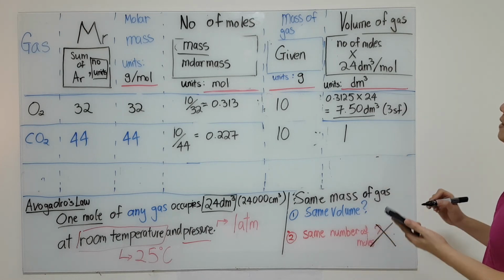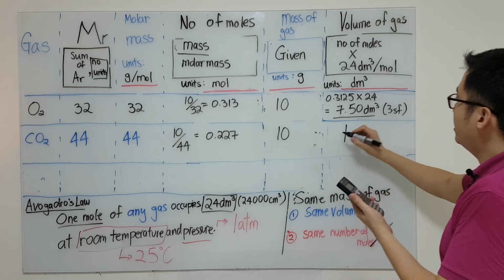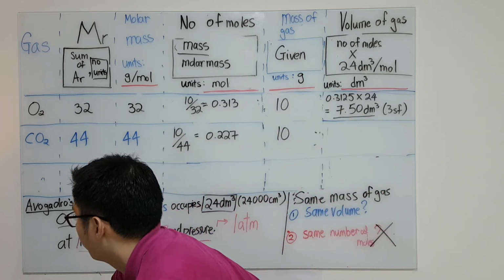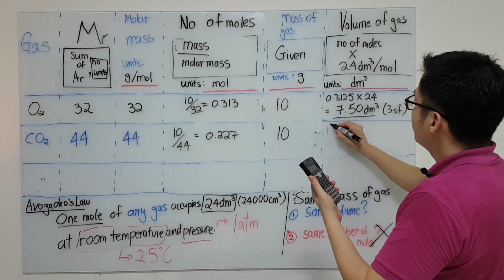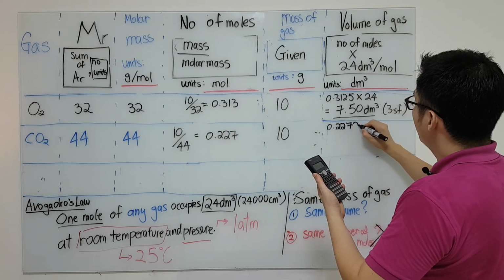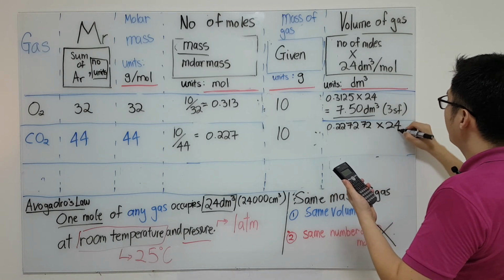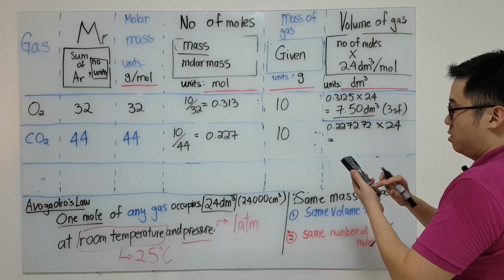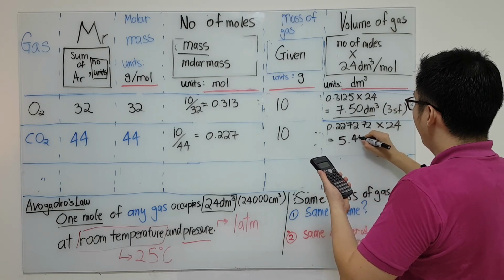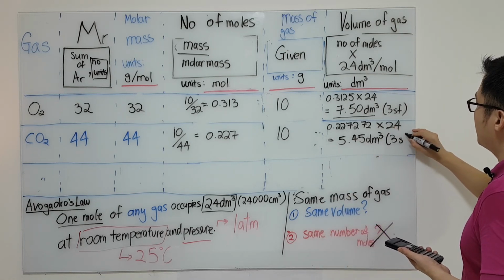Now, how about your carbon dioxide gas? It becomes 0.227272 times 24, and now it becomes 5.45 dm cubed, again leaving my answer in 3SF.